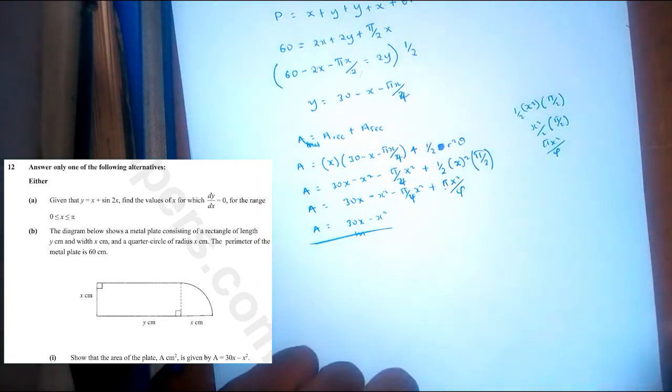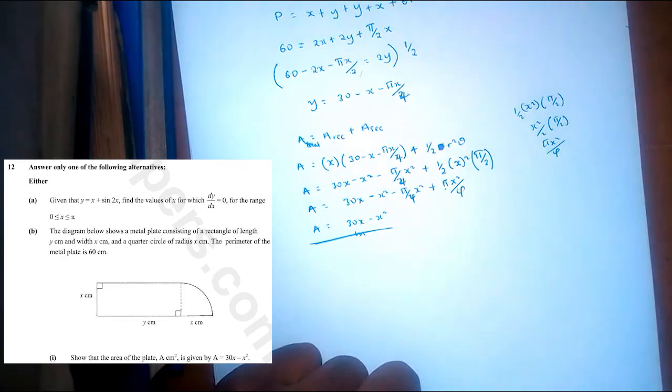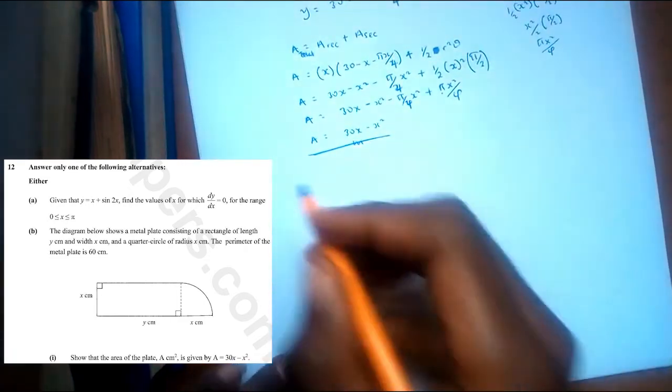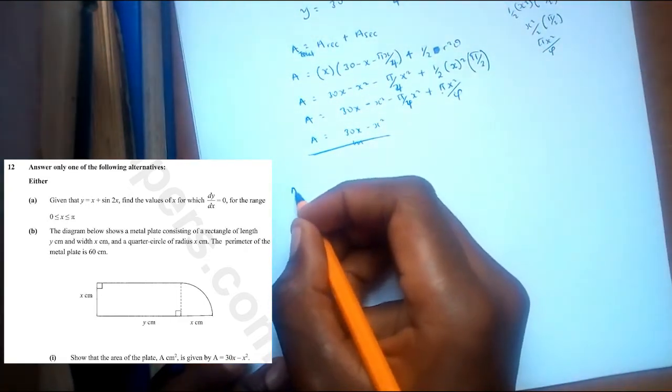Then, given that x can vary, find the value of x at which A is stationary.